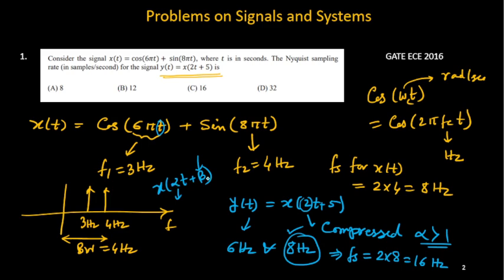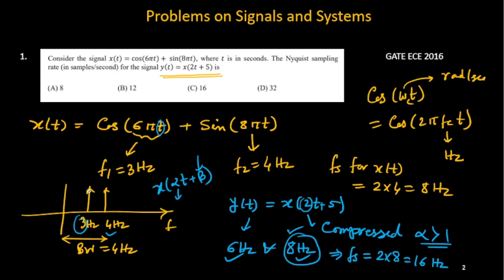In the frequency domain, it is expansion, so the frequencies are multiplied by alpha, like here by 2. This is becoming 6, this 4 is becoming 8. That's all. This is true not only for periodic signals, it is also true for aperiodic signals. I hope you have got this point.